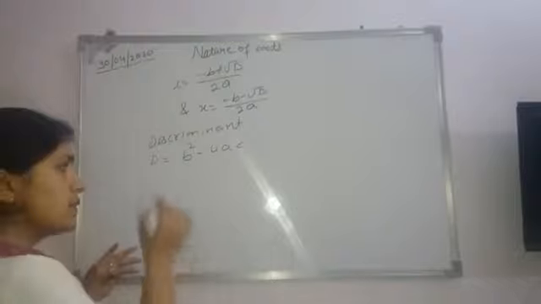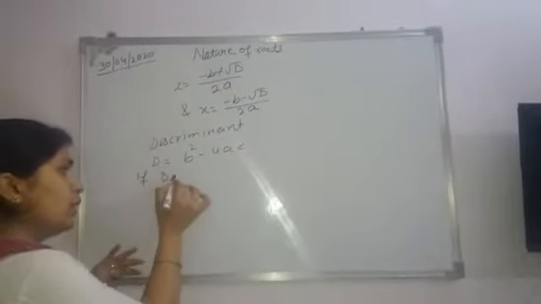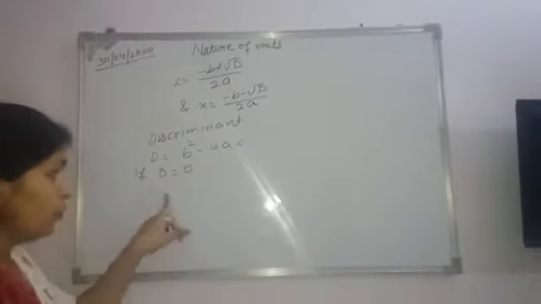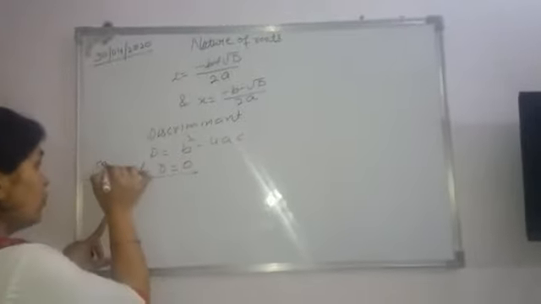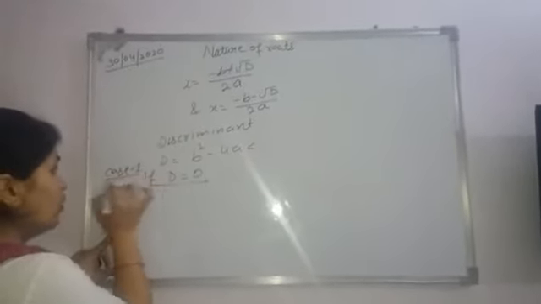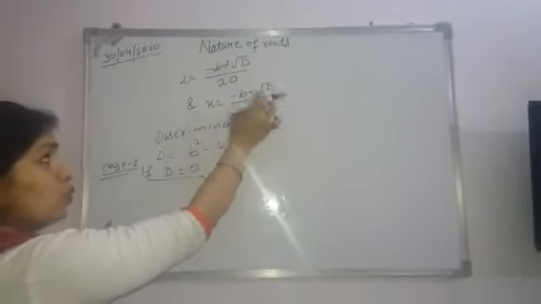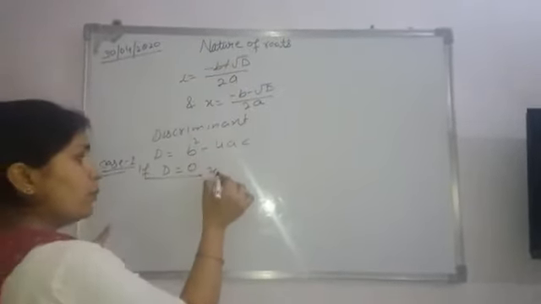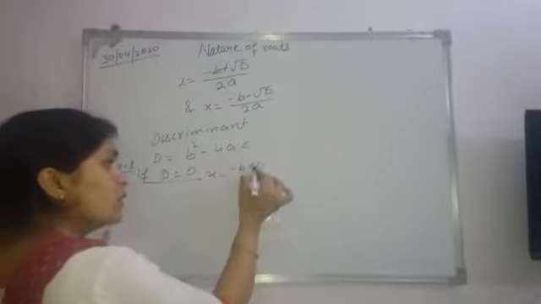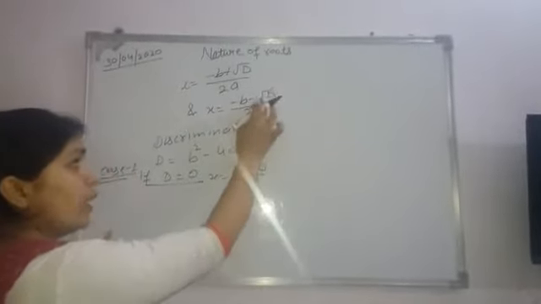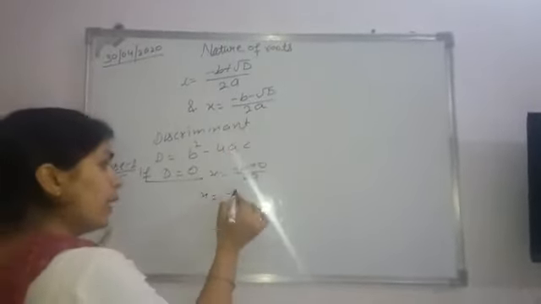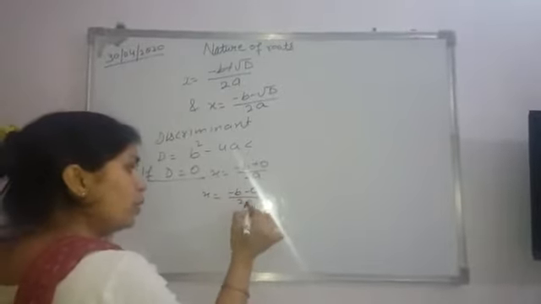Now in this case, if D is equal to 0, this is our first case. Substitute D equal to 0 in the roots, then we obtain minus b plus 0 divided by 2a, and in the second case minus b minus 0 divided by 2a.